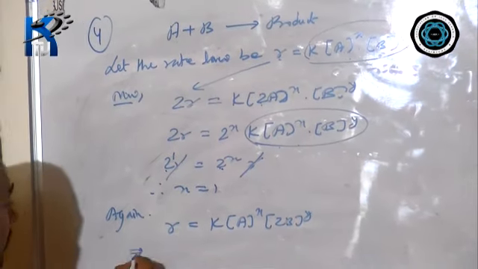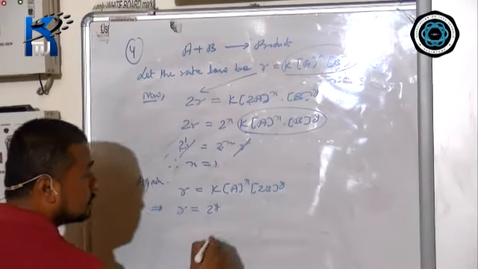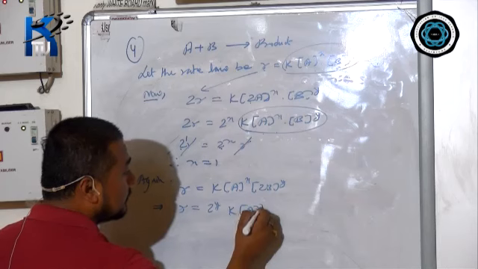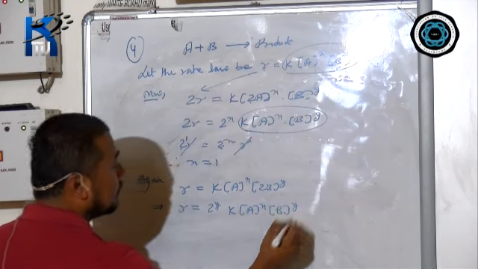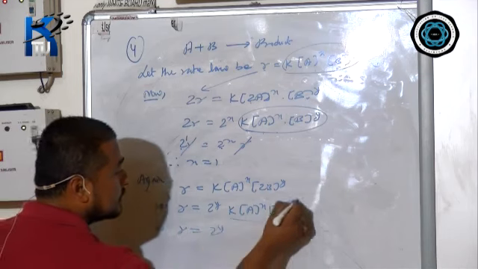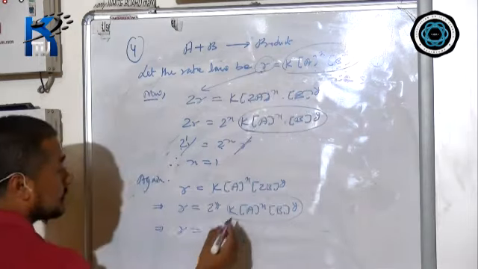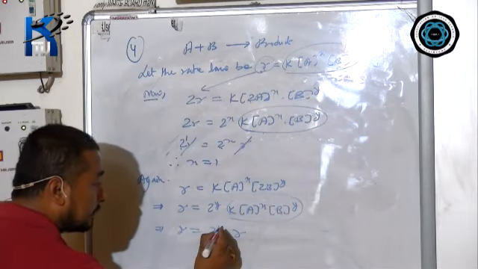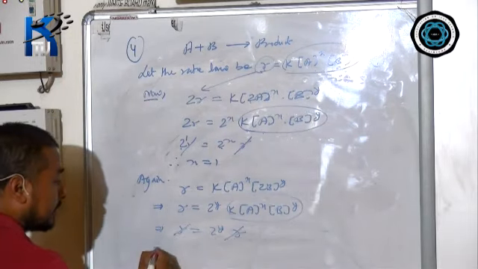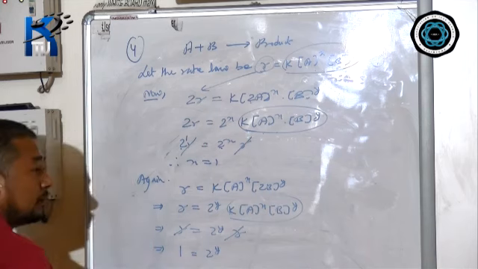Now here 2 to the power y, take it out. So what remains here is A to the power of x and B to the power of y. Again, if you see, students, this means what? This is equal to what? R. So you can replace this with whom? R. Again, this R and R will get cancelled. So what remains here is 1, and here is 2 to the power of y.